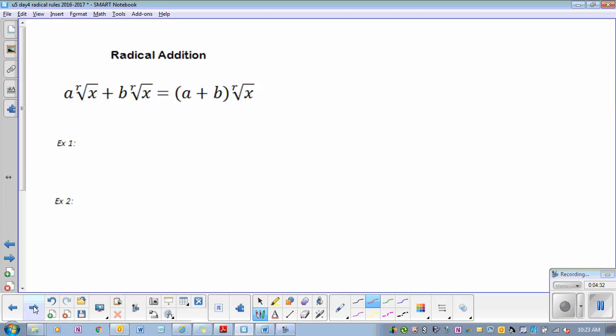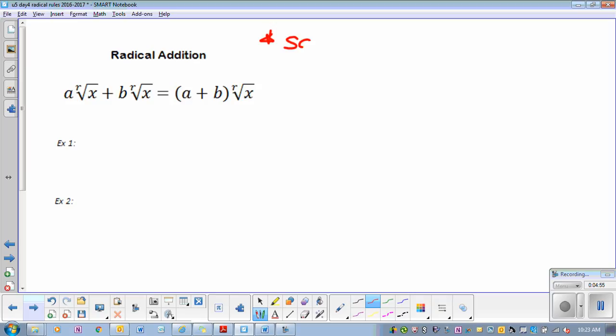All right, so back to our purple sheets. Now, instead of going down the column, we're going to go across, okay? So here, radical addition. We're going to look at the top middle. All right, so with the addition, guys, there are a couple things you need to know about this, okay?